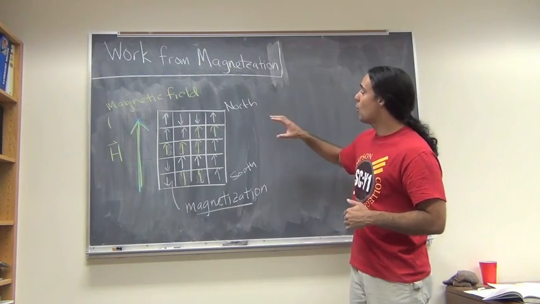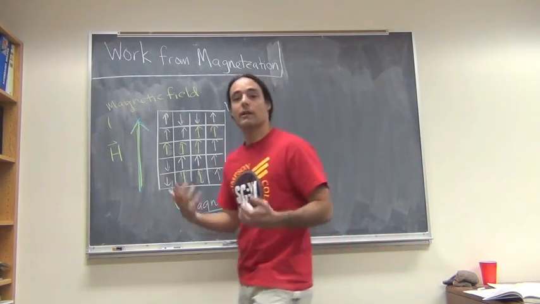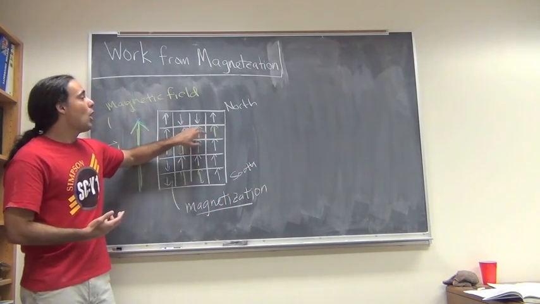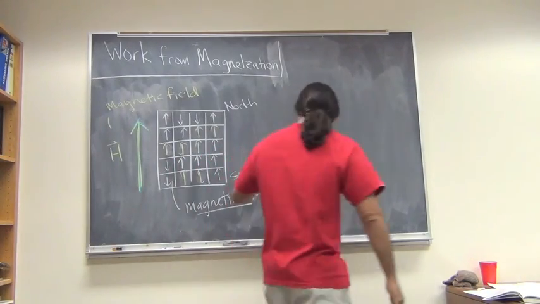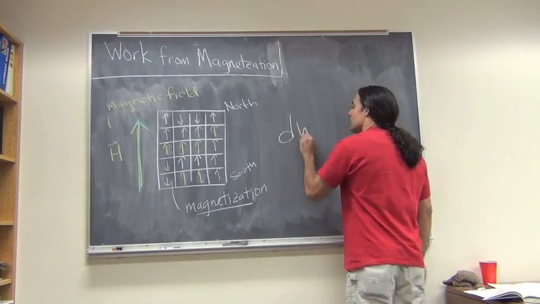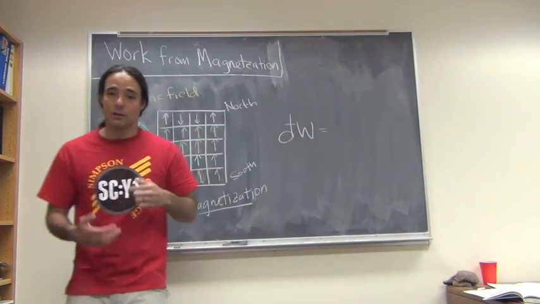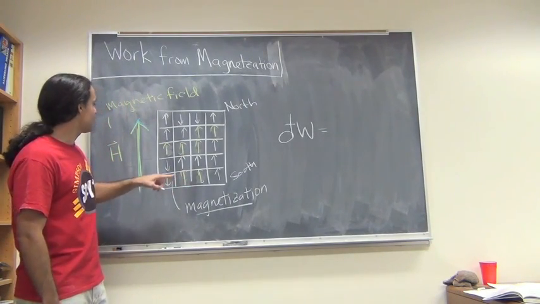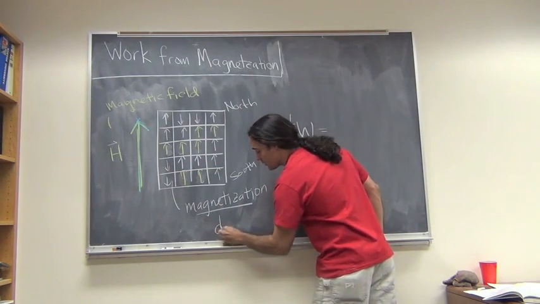So when we do this, obviously that's going to take some amount of energy. Energy is coming from the magnetic field that I'm applying. So we want to compute the work that we've done on the material. And as always, the differential work is just going to be written as the product of two things. We've got some magnetic field that we've applied, and we've got some magnetization.